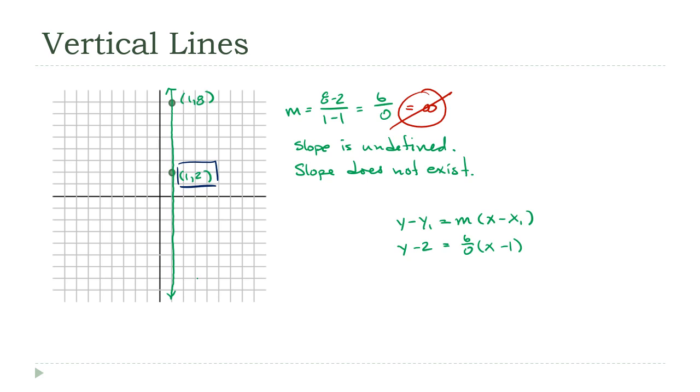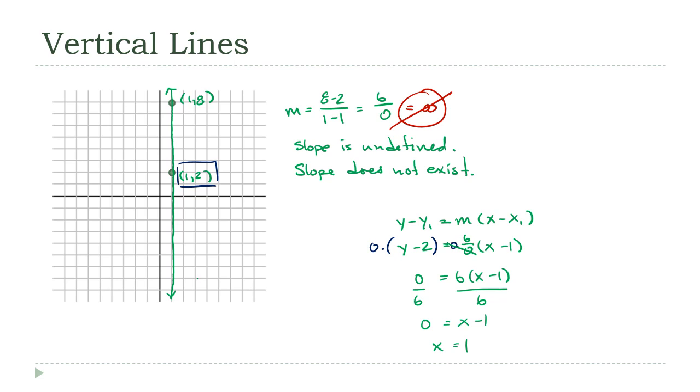The right side simplifies to 0. The zeros nominally sort of cancel over here. And all that's left is 6 times (x minus 1). Now if we divide both sides by 6, we get 0 equals x minus 1, or x equals 1. And there's my equation of this vertical line.